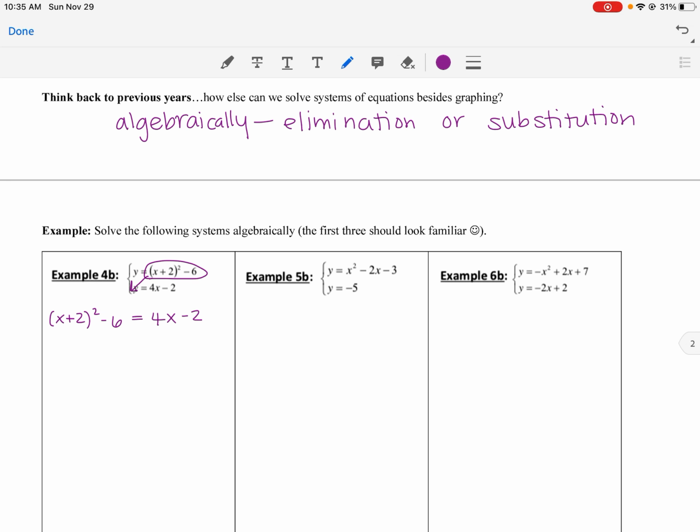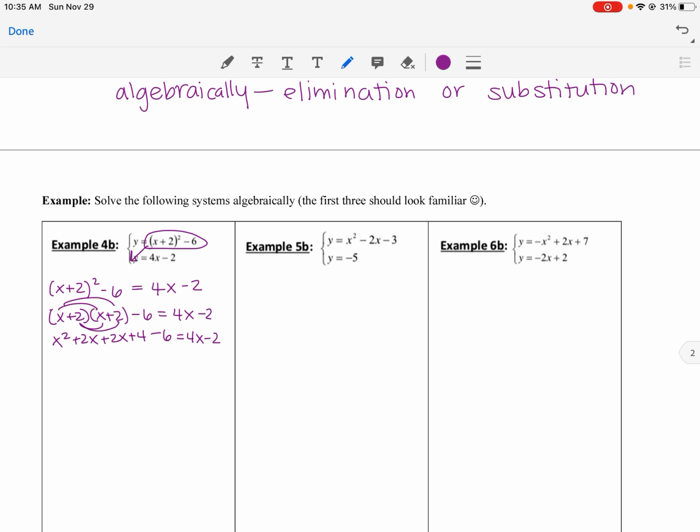Now that everything's in terms of x's, we can go ahead and solve it. Usually with x plus 2 squared, I write it as x plus 2 times x plus 2, because then we can distribute. So we get x squared plus 2x plus 2x plus 4, minus 6 equals 4x minus 2.